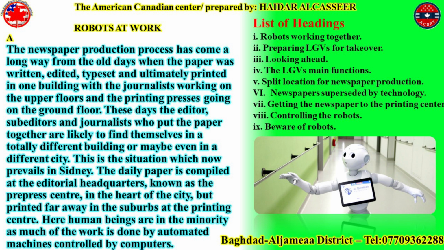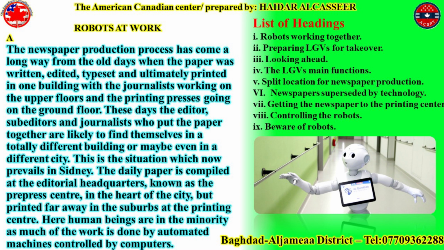Let us go on with the others. Newspaper superseded by technology. I can see nothing here that talks about technology. Also, this one to be X. Getting the newspaper to the printing center. Getting means transmitting, transferring, moving, taking. I can see nothing here, any sentence that talks about transmitting or getting the newspaper.